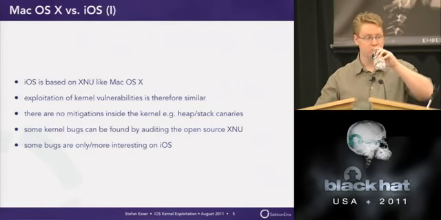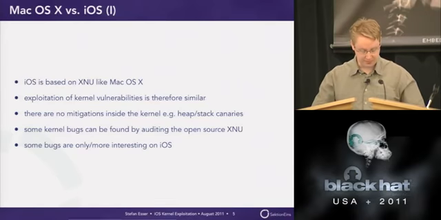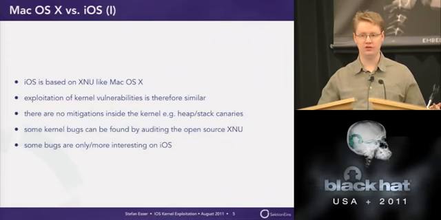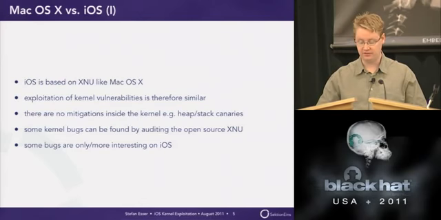This also means when you're looking for iOS kernel vulnerabilities, you can take the XNU source code from the open source apple.com website and can just audit it. And you will find some bugs, some vulnerabilities, or not. But you still can find something in there, and once you found it, you can exploit it.